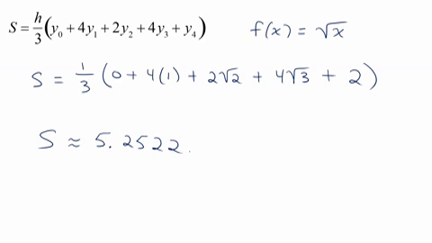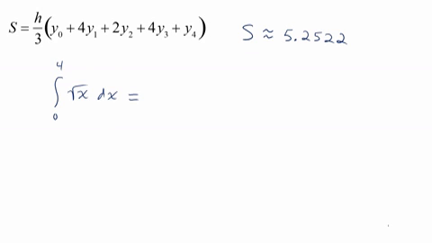Let's compare this with the true value of that definite integral. So let's evaluate the definite integral from 0 to 4 of square root of x dx. This would be equal to the antiderivative 2/3 x to the 3/2 evaluated from 0 to 4.